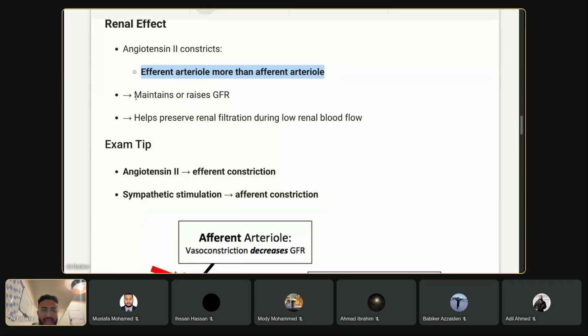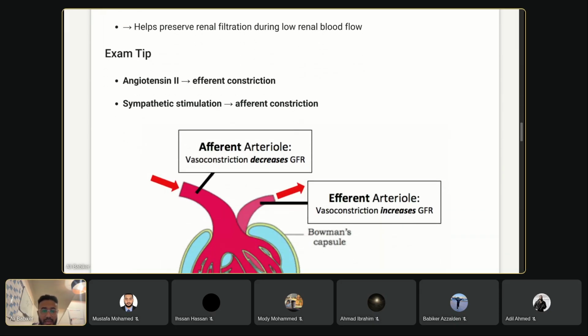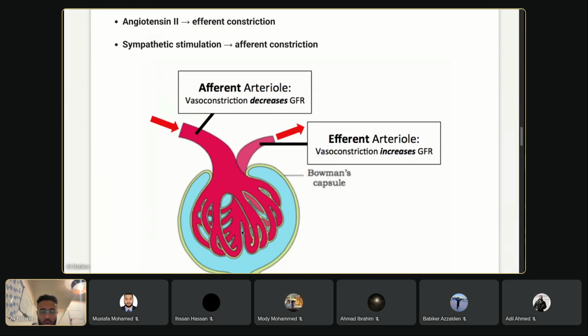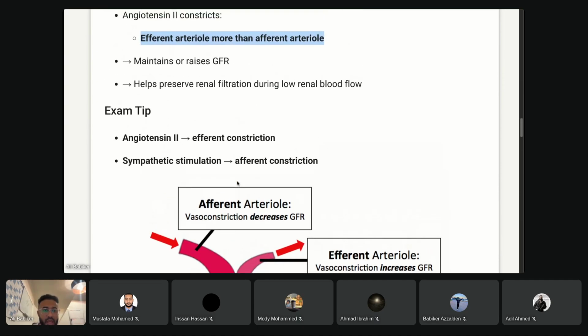That's what we mean by maintain or raise glomerular filtration rate. It helps preserve renal filtration during low renal blood flow. So when you have low renal blood flow, this will help you maintain the renal filtration, by causing vasoconstriction around here and increasing the blood pressure around the whole glomerulus. Okay.